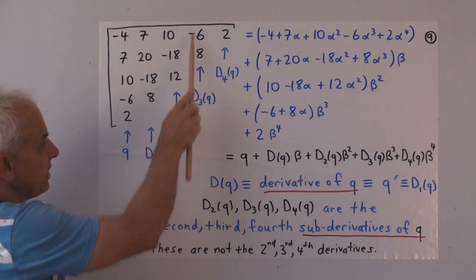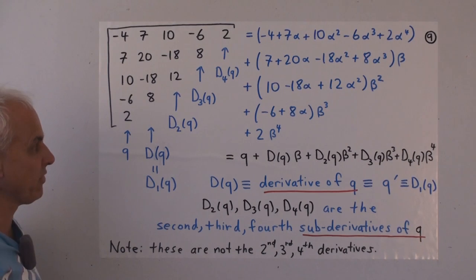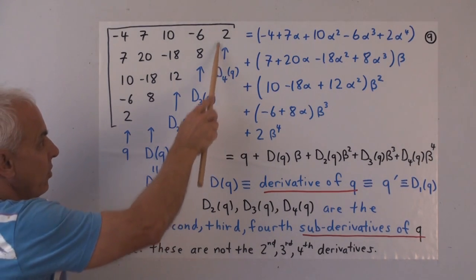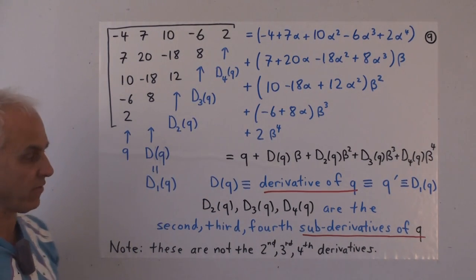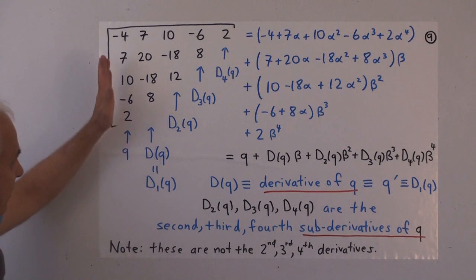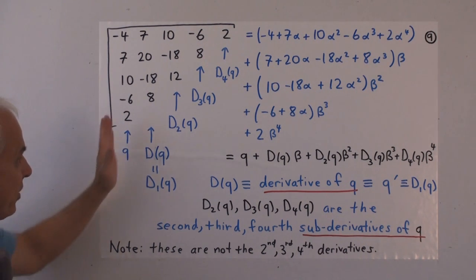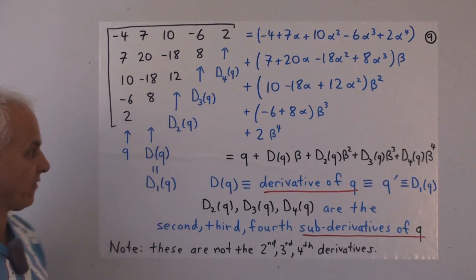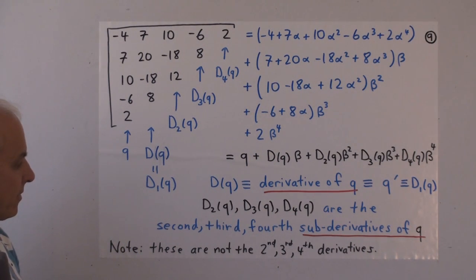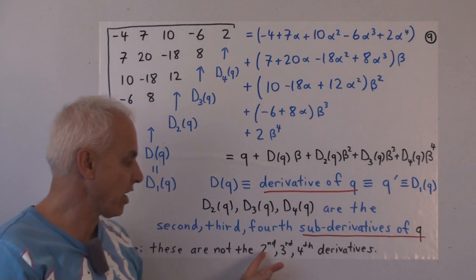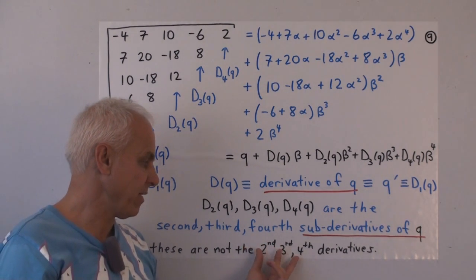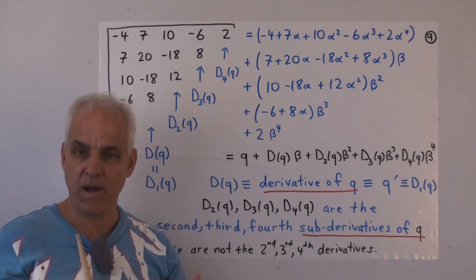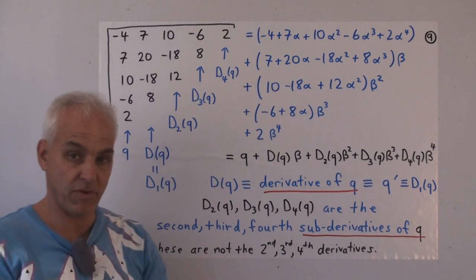The third one, d sub 3 of q, that's the third subderivative. D sub 4 of q is the fourth subderivative. And if the polynomial had higher degree, then we could keep going, and there would be more of these subderivatives. So next time we are going to talk about the relationship between these subderivatives and the higher powers of the basic derivative.